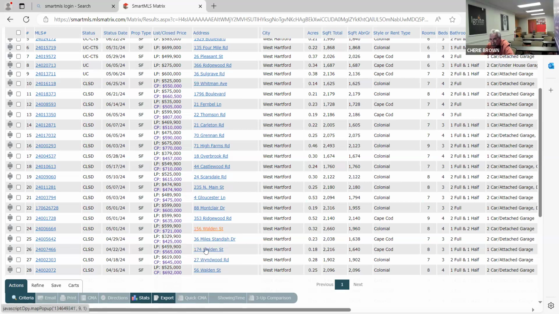We can look at that one. We're going to look at 174. And you've got 56. So in a short period of time, we can look at 3 properties right on our subject property street. We'll start down here with 56 Walden.